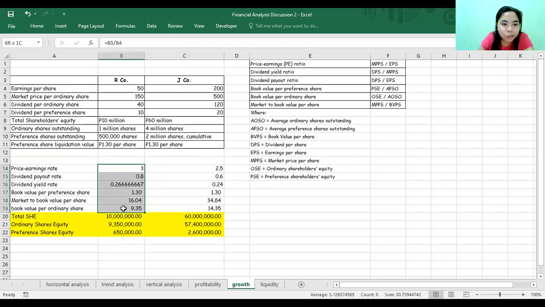So R company has higher growth ratios than J company. That is our analysis here and how we compare two different entities when it comes to growth ratios.